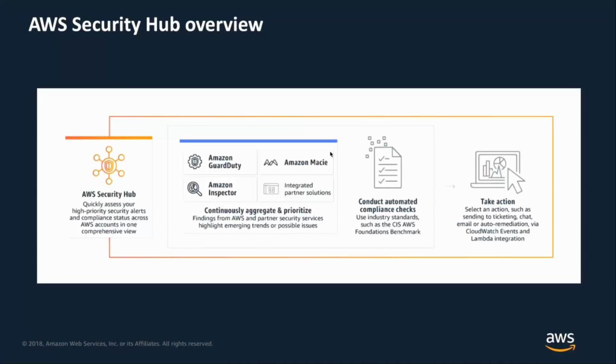Now, what's really special about this process is that each of these different security solutions, both the AWS ones and the partner ones, are pushing those findings to Security Hub in a standardized format. We call that the AWS Security Finding Format. This means as an analyst, I don't have to do any parsing and normalization of the data. It all comes to me in that standardized format. And so I can start my analysis day one.